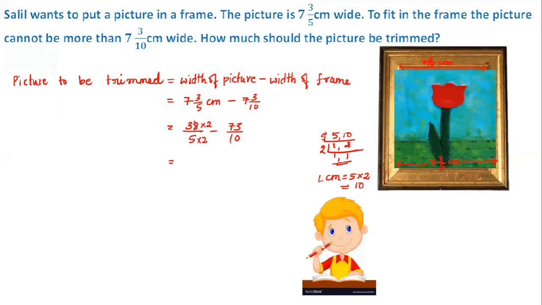Here there is 10 in the denominator, so no need of multiplying. 38 2s are 76, minus 73. So the picture has to be trimmed by 3/10 centimeter. We have to cut 3/10 centimeter from left and right together.